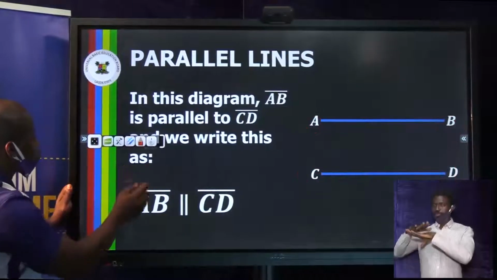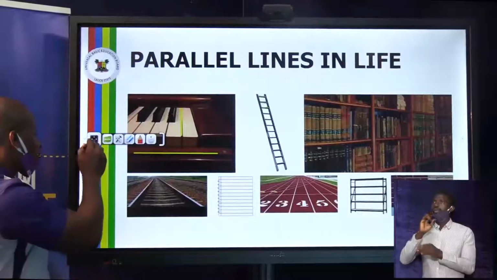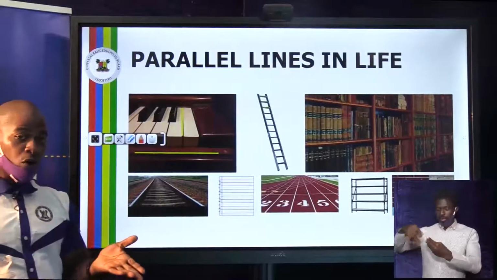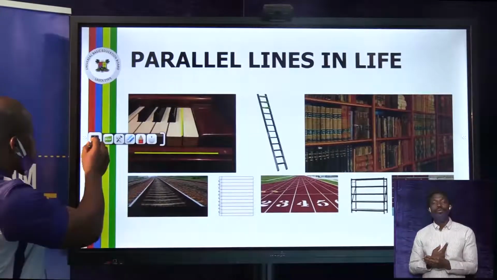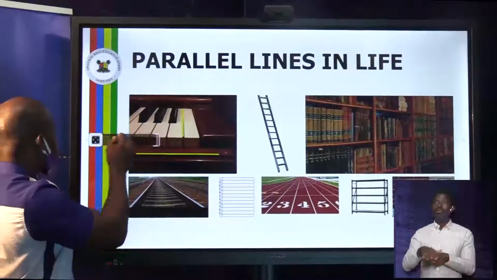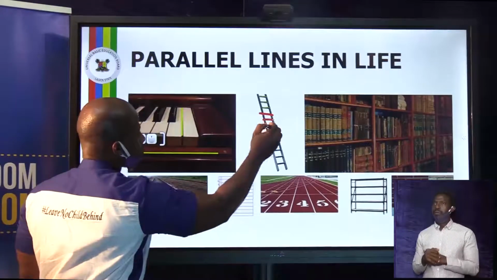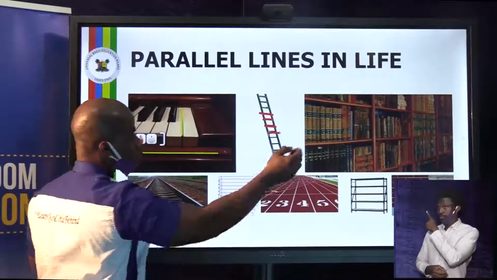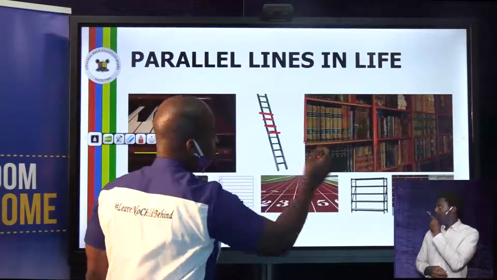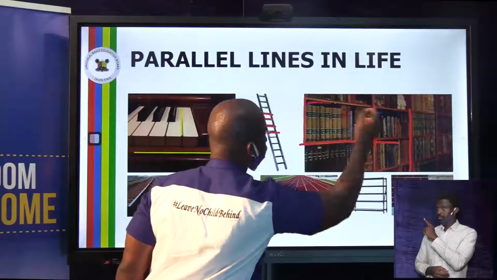Moving on. Now parallel lines are everywhere around us. Like that song said, lines are all around you and me. So you find parallel lines on the piano, on the ladder. I'll show you the parallel lines here. These are parallel. You find them in the bookshelf. These are parallel. Also, these are parallel to these.